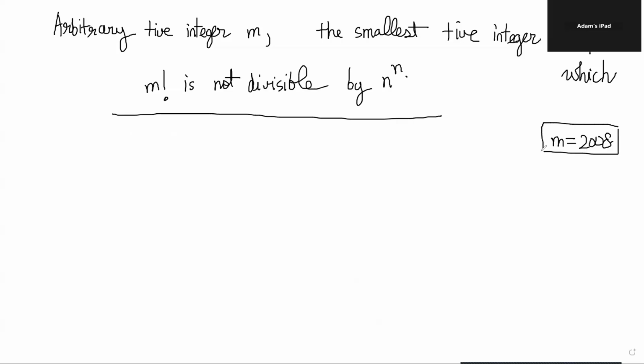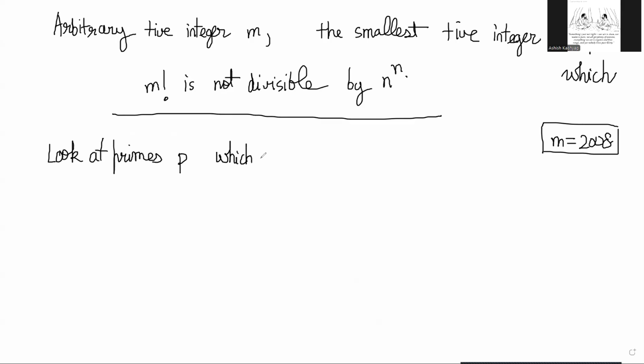So what we thought about here was, whenever you look at numbers where n square, basically you have to look at primes p which satisfy p square greater than m, right?